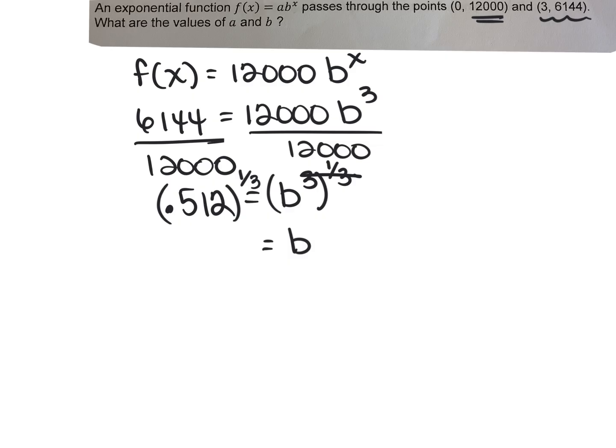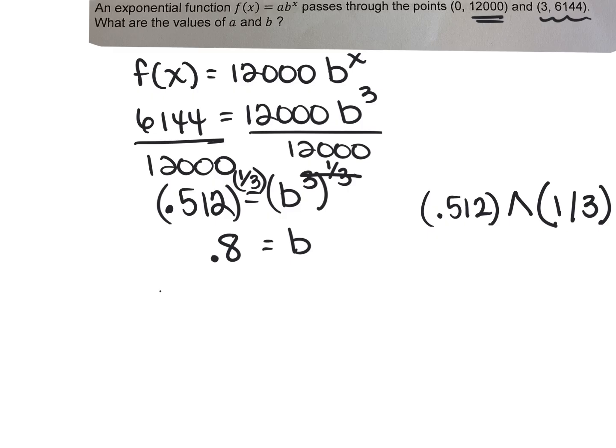On your calculator, you're going to use a parenthesis, 0.512, close the parenthesis, use the caret key, and then open a parenthesis and type in 1 divided by 3 and close the parenthesis. Your calculator is very particular that you use the parentheses in all of those locations in order to get the right problem in there and get a result of 0.8.